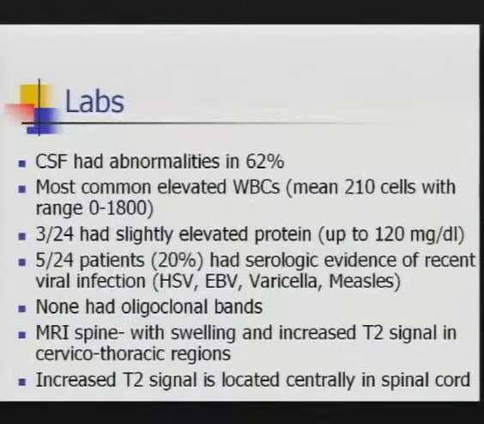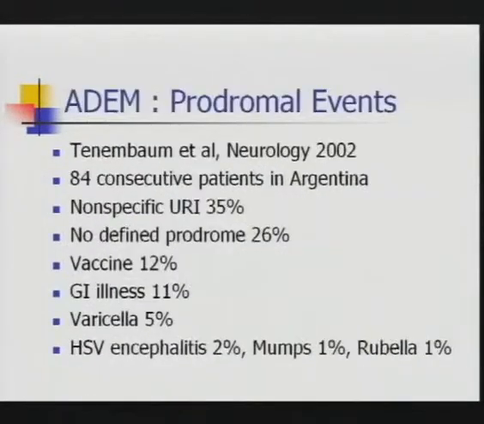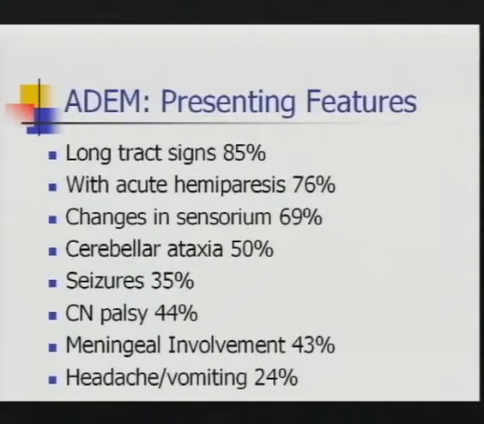And this is a slide that's actually out of order, so I'm going to go on here. Prodromes, about percent of the kids will have some sort of nonspecific URI, and about 11% will have a GI illness of some sort. About 10 to 12% will have some sort of vaccination. The presenting signs: a change in sensorium, acute hemiparesis, long-tract signs, and kids having seizures and ataxia.